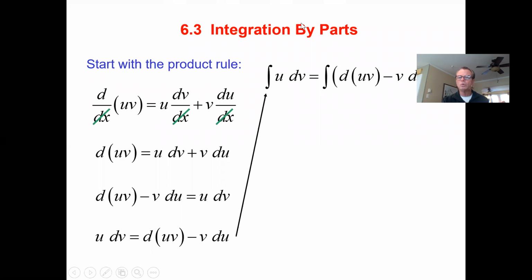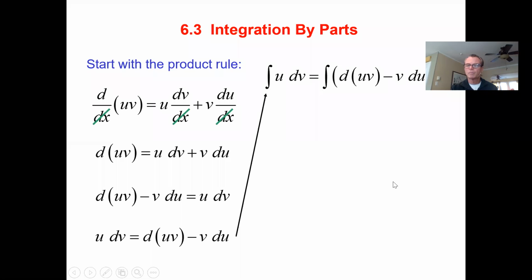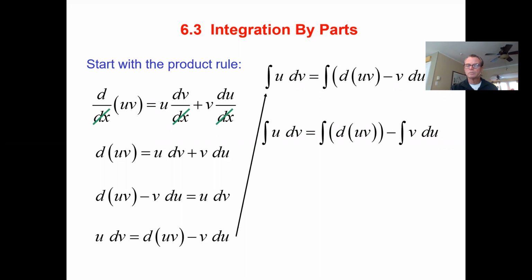So now what you're going to do is anti-differentiate both sides. On the right side, you give each term, on each side of the subtraction sign, their own integral. And you get this.